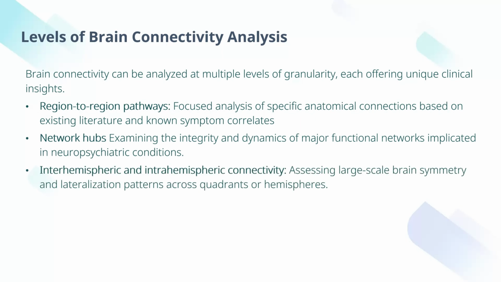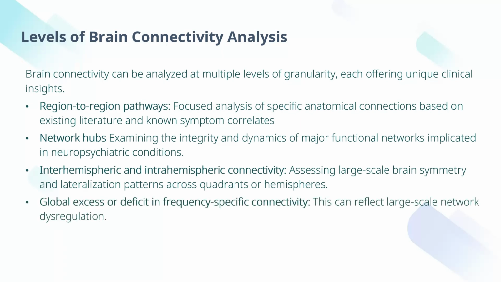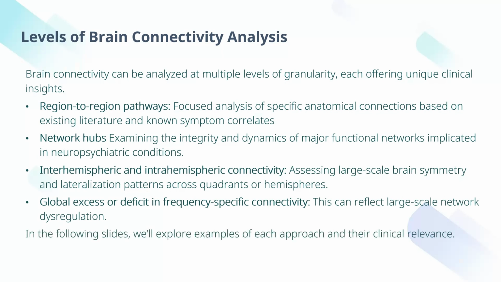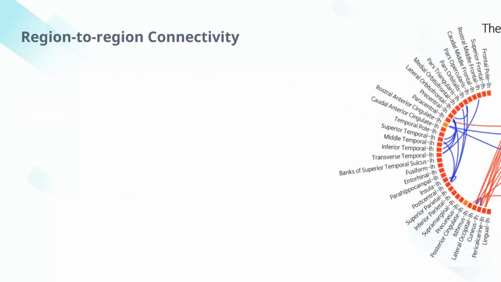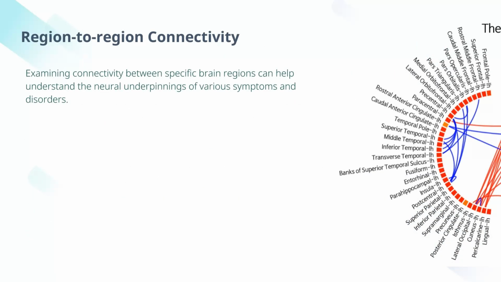We can compare interhemispheric or intrahemispheric connectivity, and this is a good way of measuring the symmetry or asymmetry of the brain. And we can look at a global excess or deficit in frequency-specific connectivity to look for more large-scale network dysregulation. And now let's talk about some examples of each of these. So to start with region-to-region connectivity.